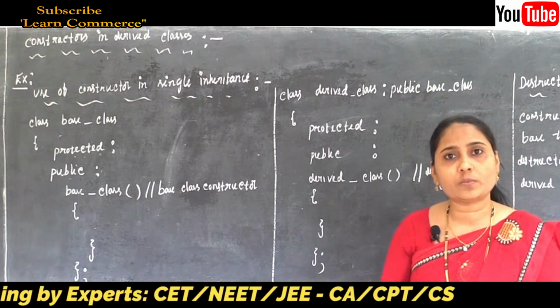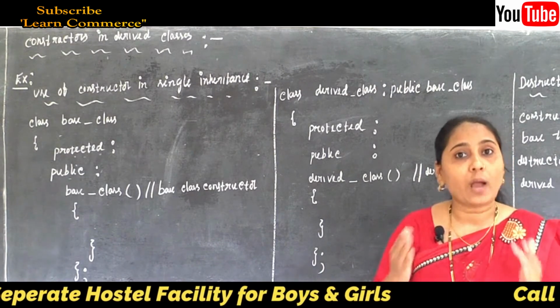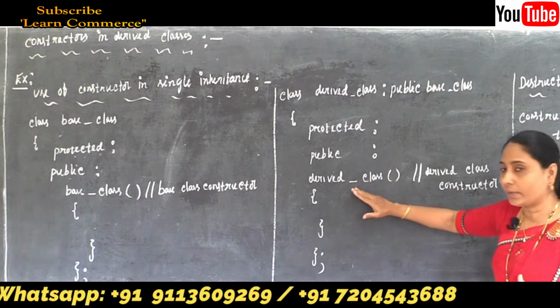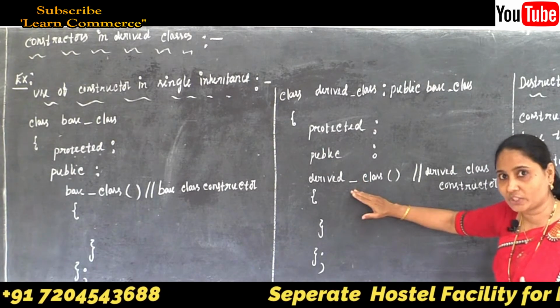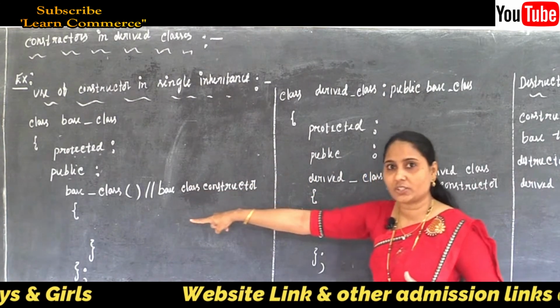Now what about this one? It is compulsory for the derived class to have a constructor function and pass arguments to the base class constructor. Why?